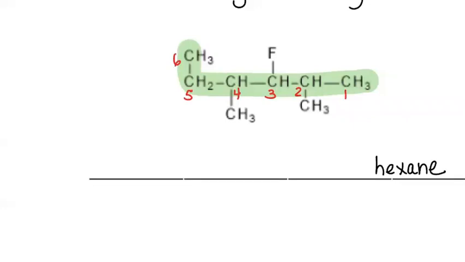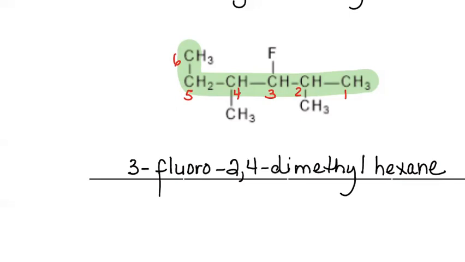So when it comes to this, in alphabetical order, 3-fluoro, 2,4-dimethyl. Don't think I'm crazy or I don't know my alphabet in English. The reason why fluoro comes first, I mentioned it in the previous slide. Let me just highlight it.